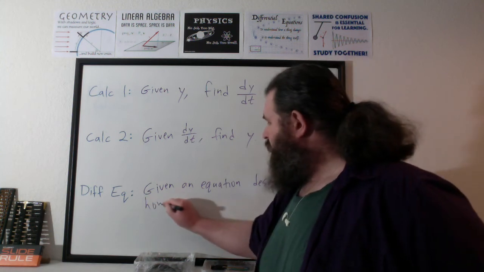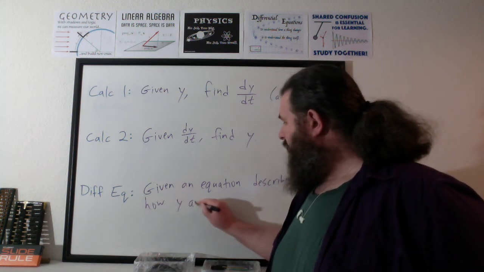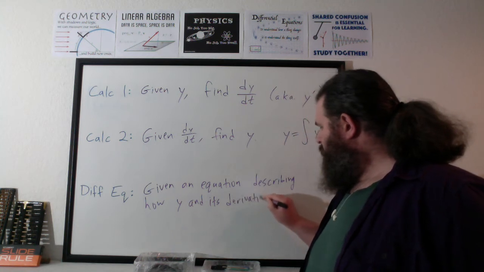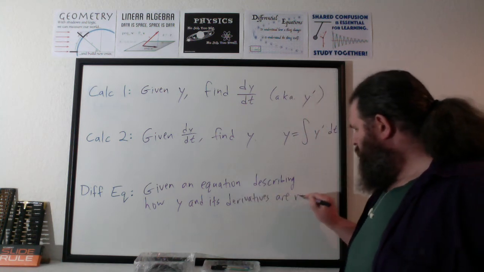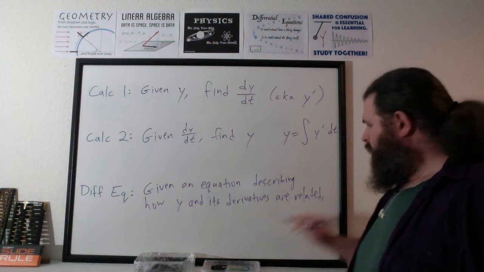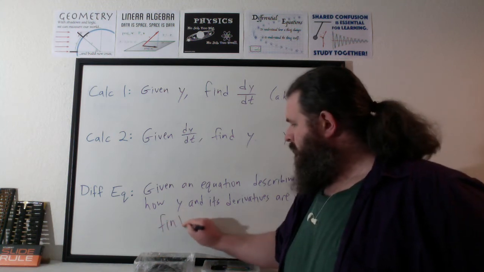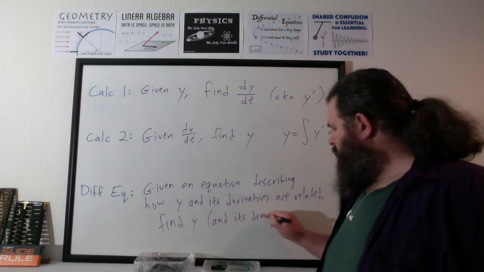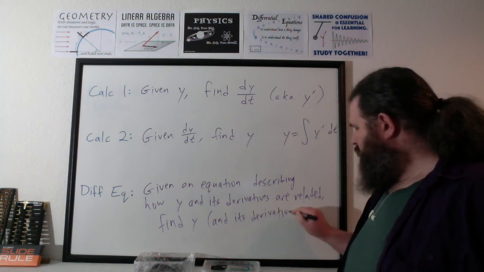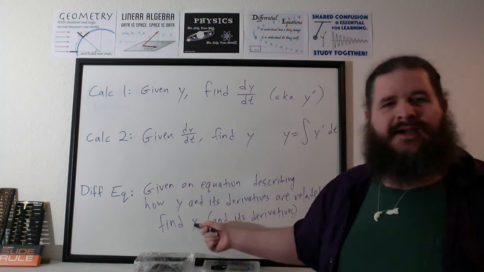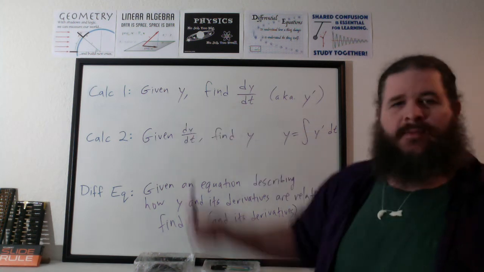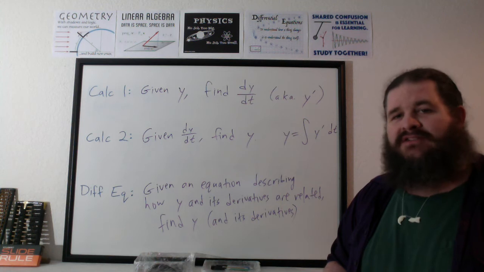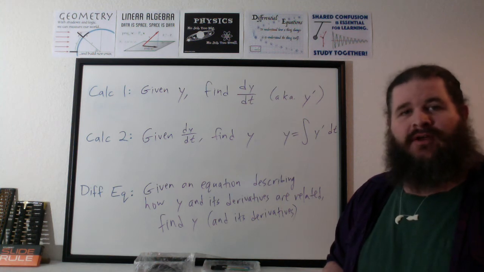Given an equation describing how y and its derivatives are related, we want to find y, and possibly its derivatives as well. But of course, once you find y, then finding its derivatives goes back to a Calculus 1 problem. The important thing is, given the relationship between y and its derivatives, you want to figure out what those actually mean.